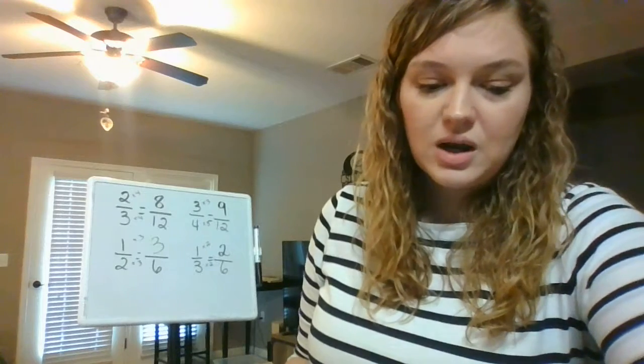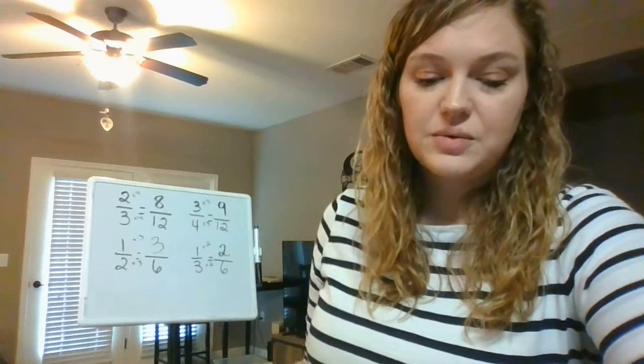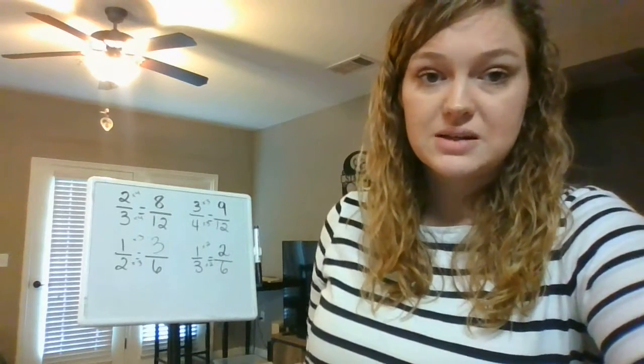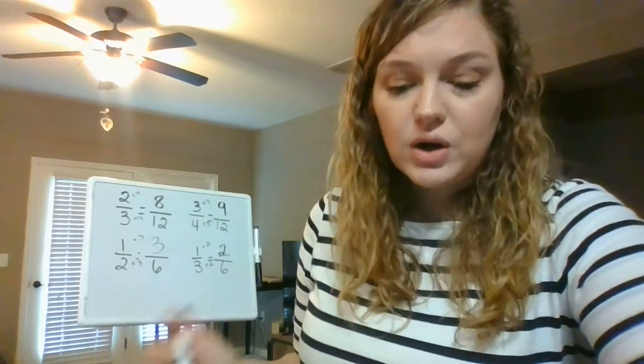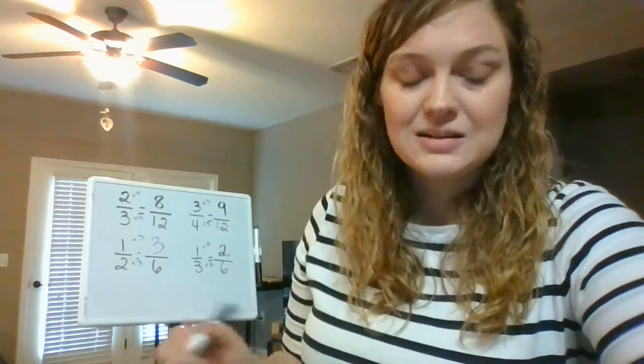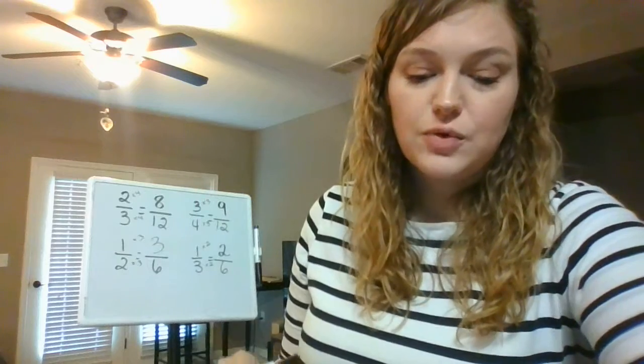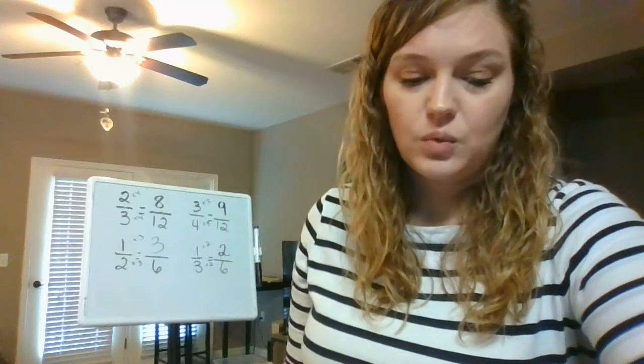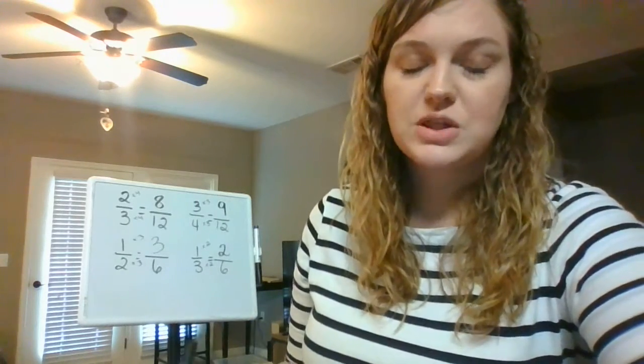For example, a common denominator for 1/2 and 3/8 is 16 because 2 times 8 is 16. But a lower common denominator is 8. We usually look for the least common denominator when we want to rename fractions with common denominators.